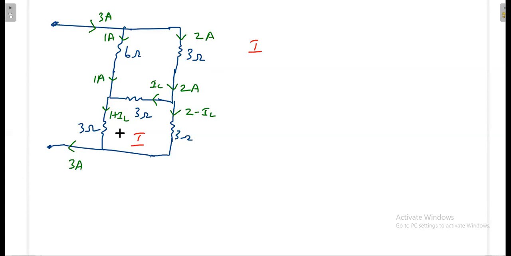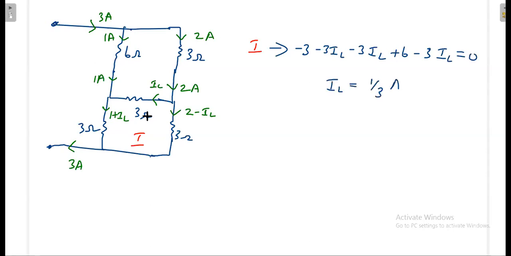Generally I will go in the clockwise direction, then opposite, minus 3 IL plus 6 minus 3IL is equal to 0. Only one variable is there. If you solve this, IL will be 1 by 3 ampere. IL will be 1 by 3 ampere.